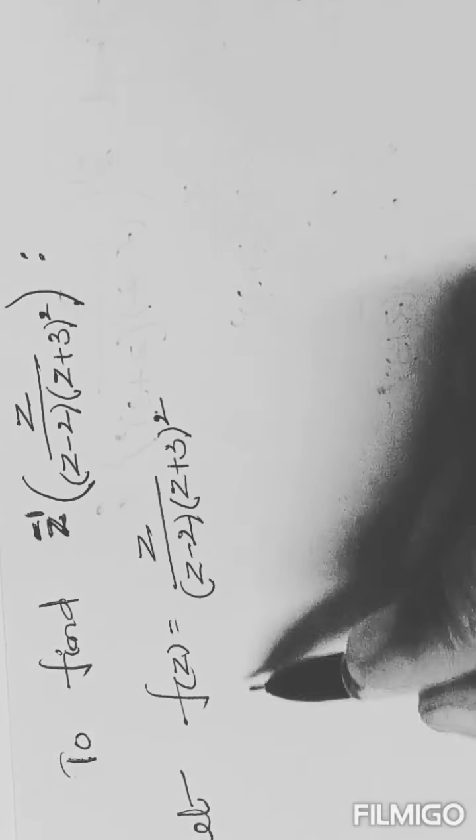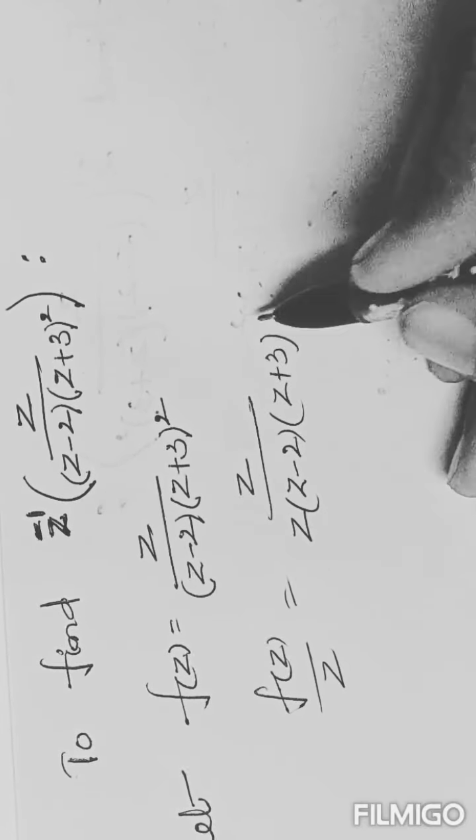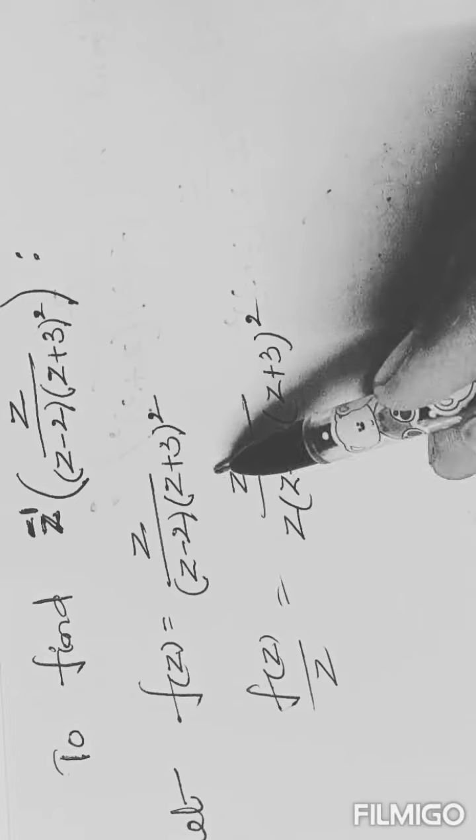As per the procedure of inverse Z transform, first divide on both sides with z. F(z) by z equals z by z into z minus 2 into z plus 3 whole square. In the above step we divided on both sides with z.